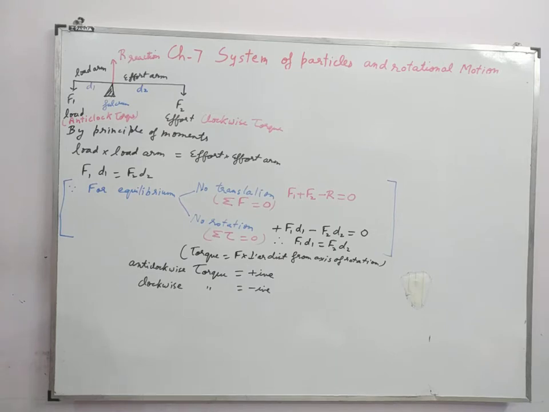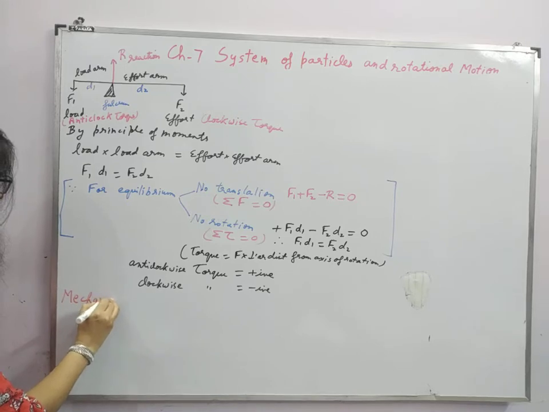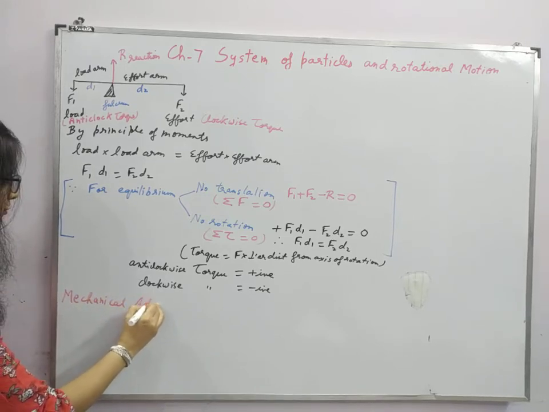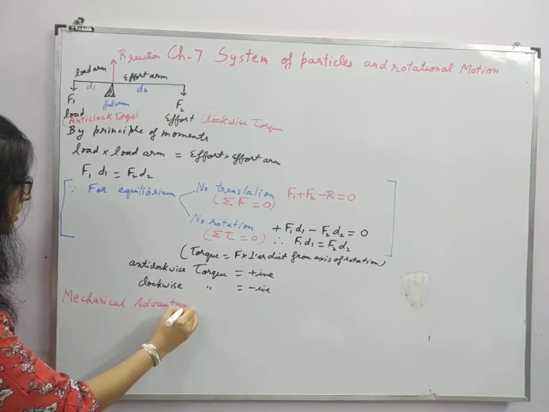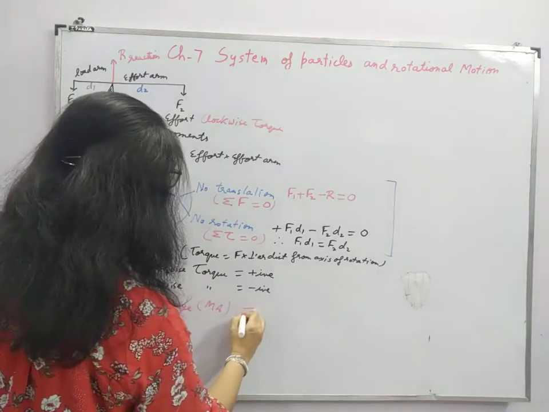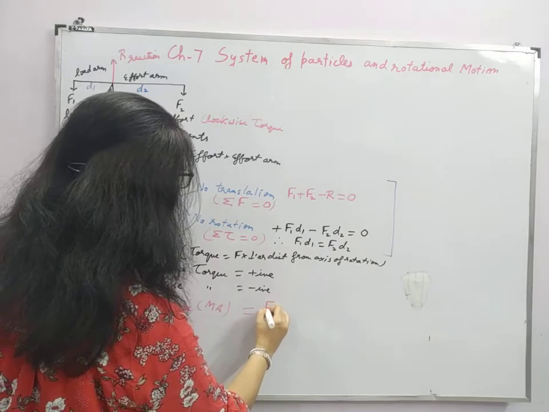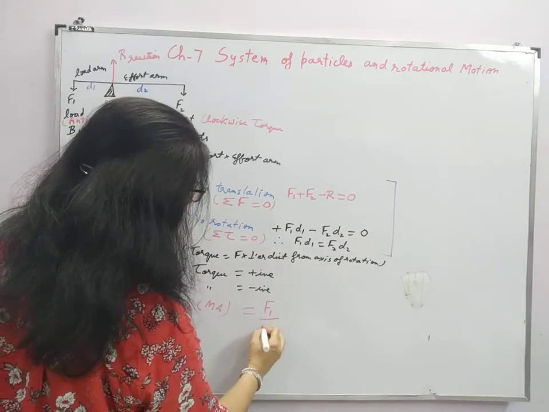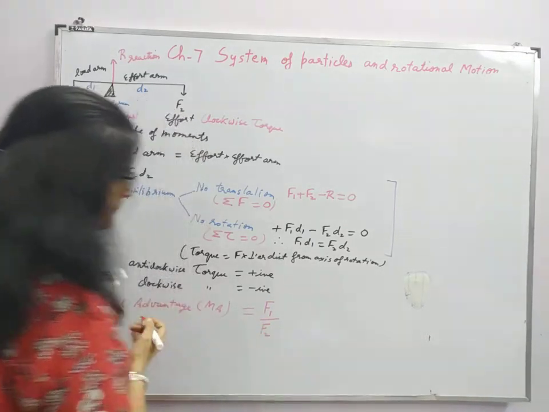Now we have another concept, mechanical advantage. Hope you have studied it in lower classes. Mechanical advantage is given by MA, and this gives us how much load we are lifting upon how much effort we are applying.